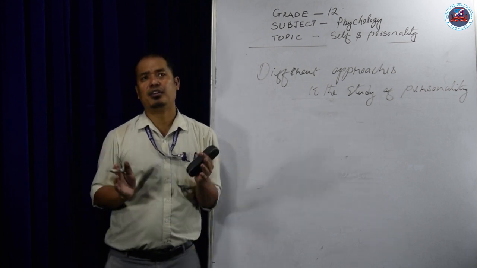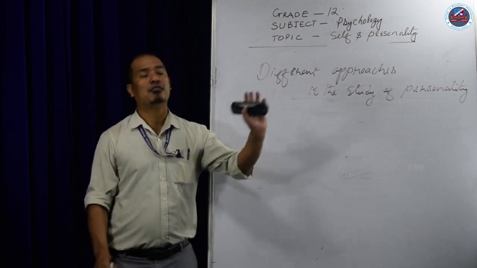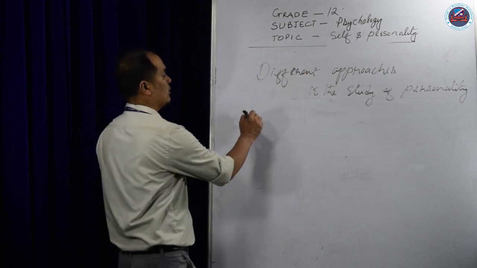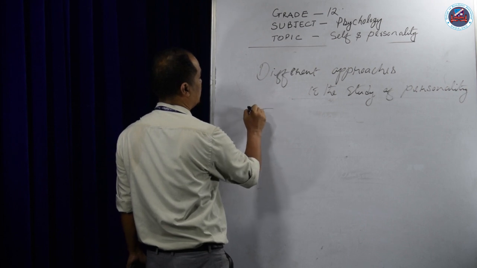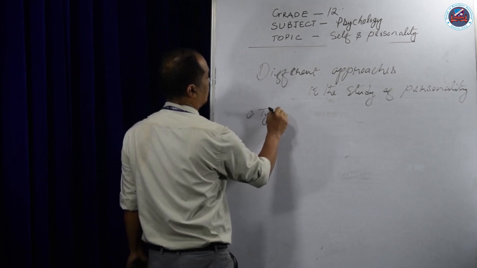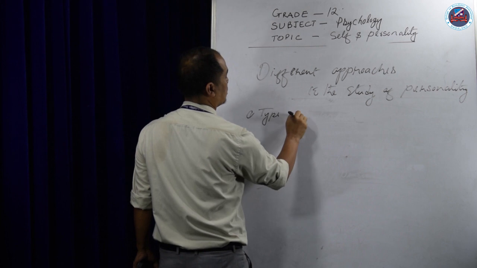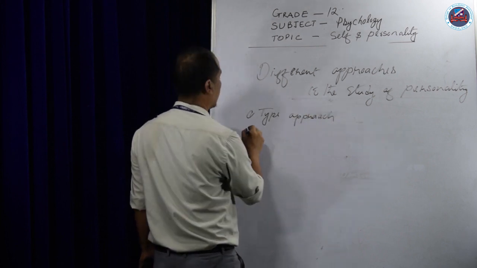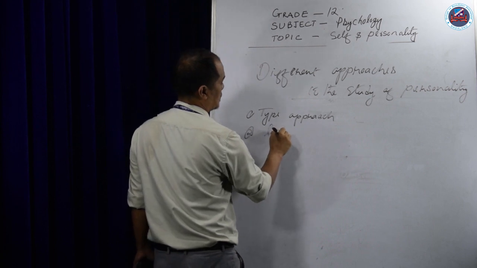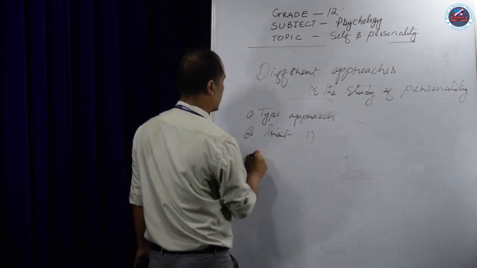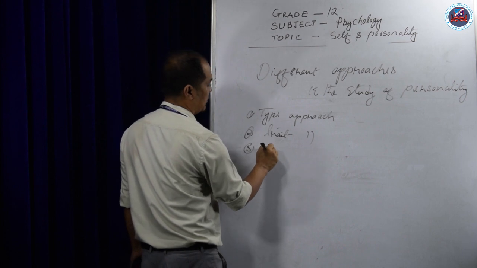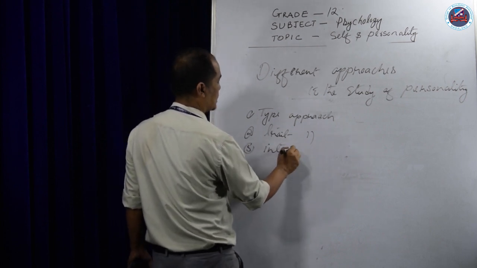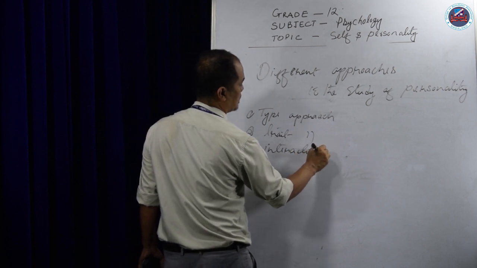Now, there are so many approaches that fall under these approaches. The first one is called type approach. The second one is called trait approach. The third one is called interactional approach.